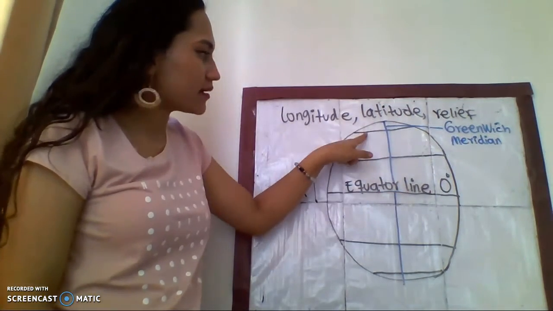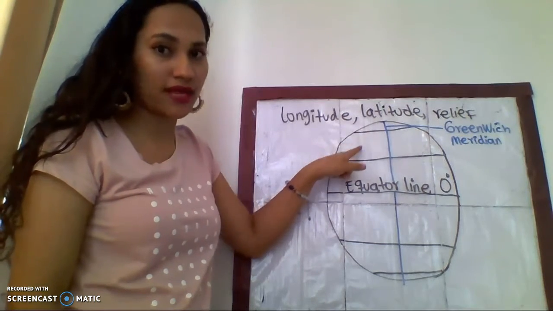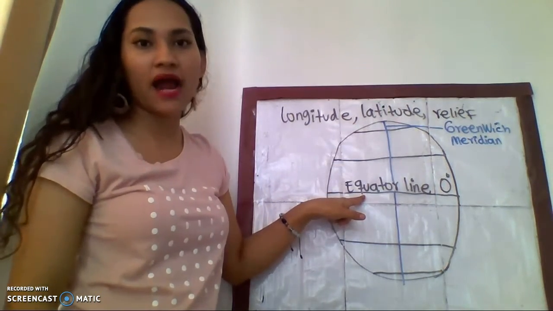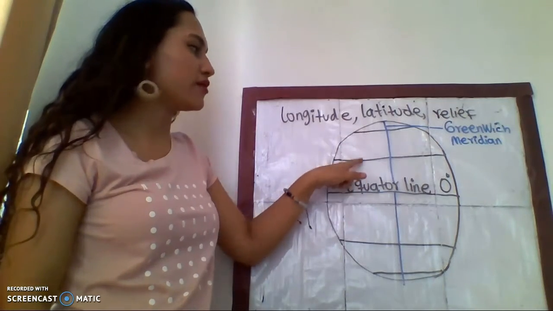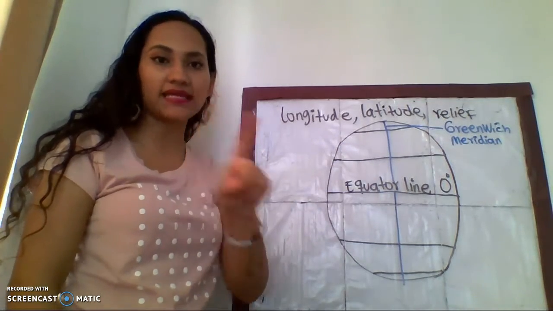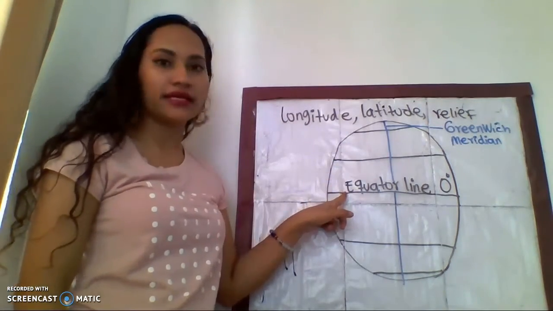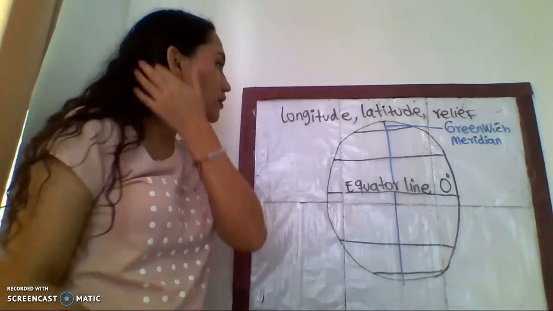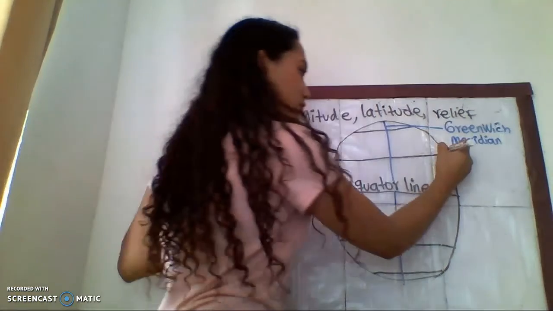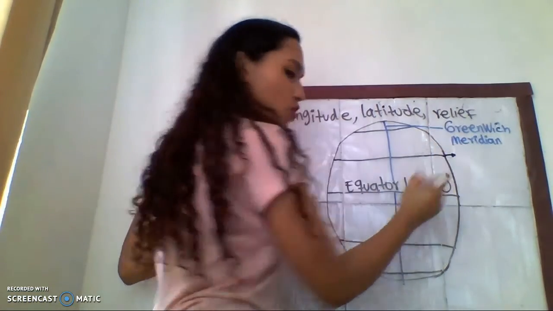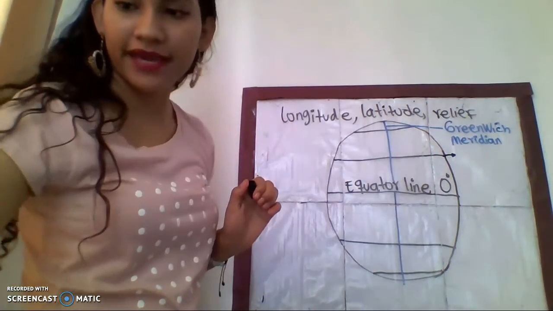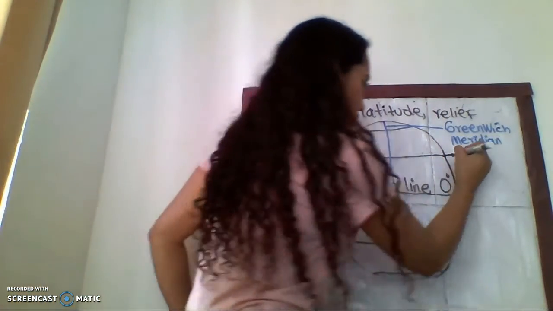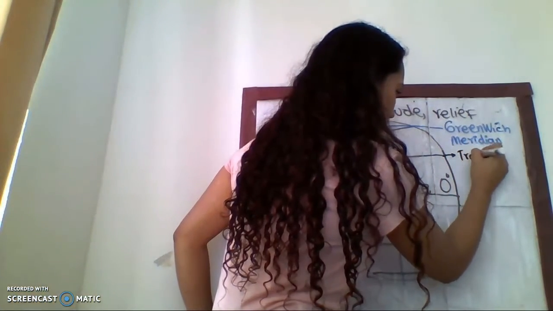These black lines, the lateral lines, the latitude, are parallels. They are called parallels. The main parallel is the equator line, but there are other parallels. For example, this parallel is called the Tropic of Cancer.